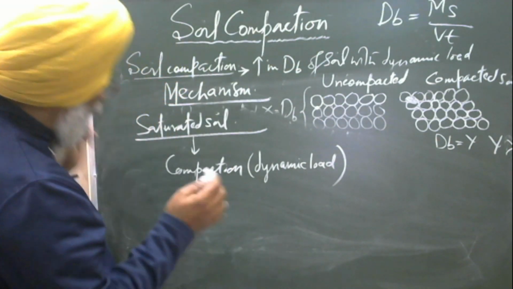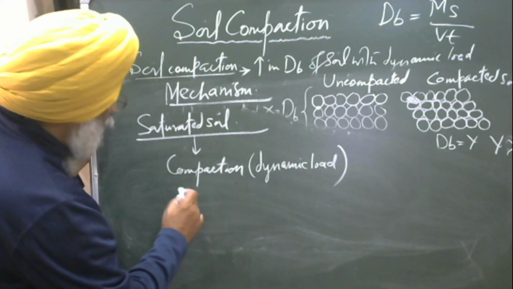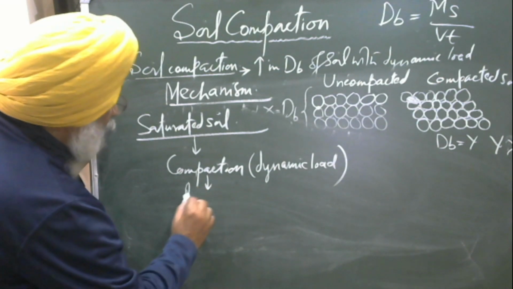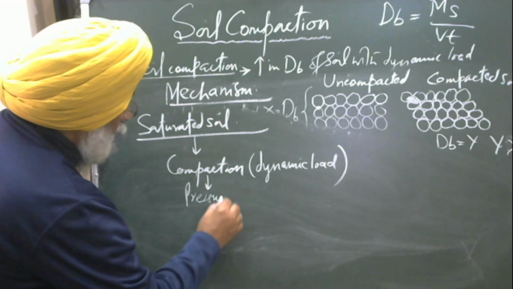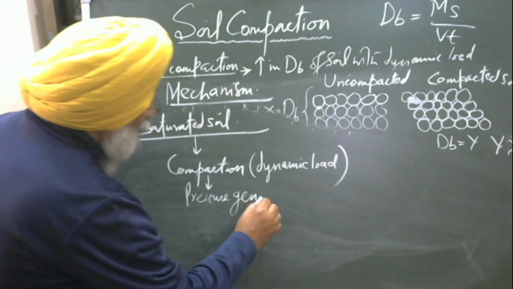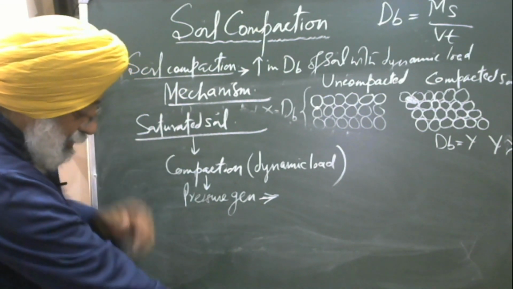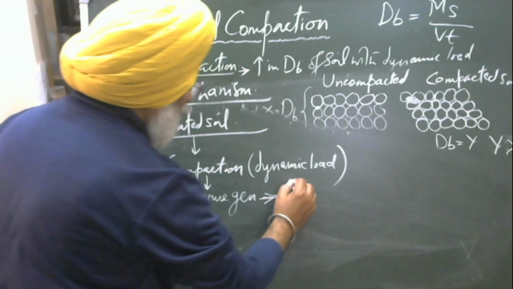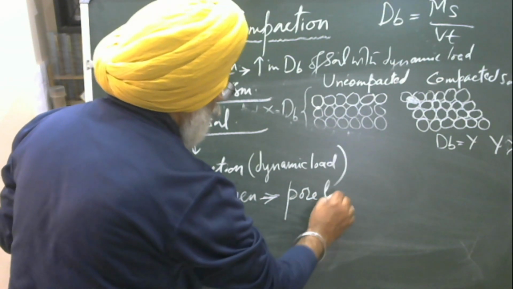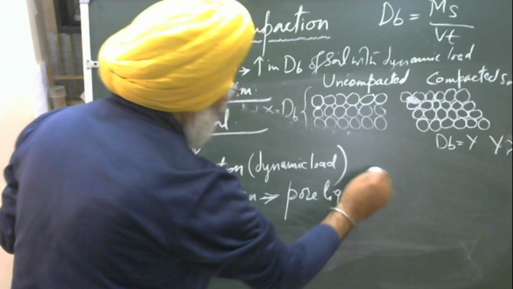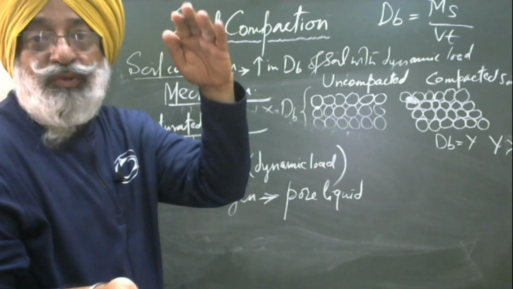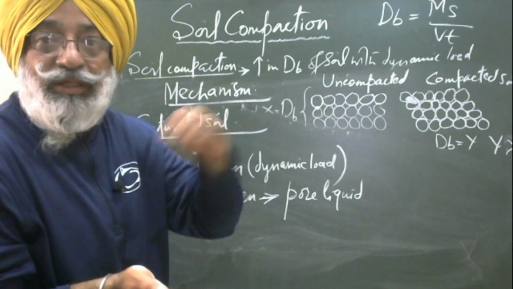So when you compact the soil, there will be pressure generation. This pressure generated will be in the pore liquid, because it's a saturated soil. Water cannot be compressed.